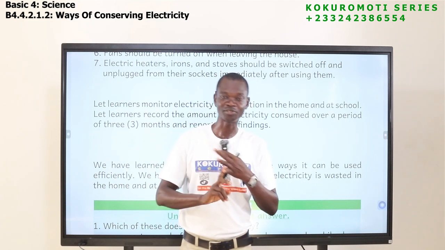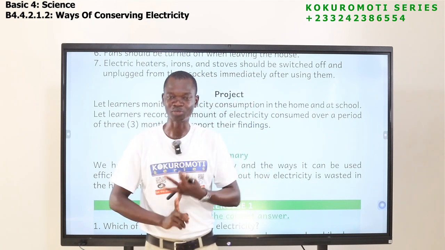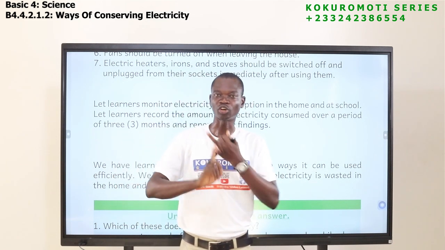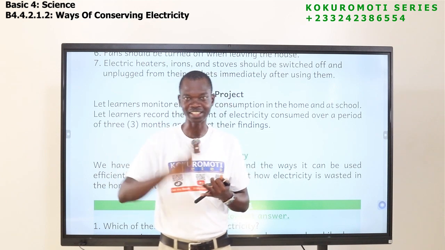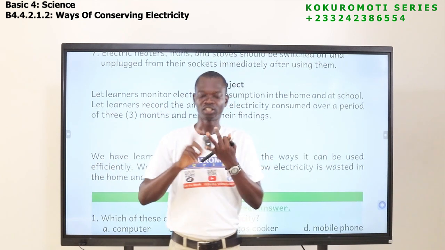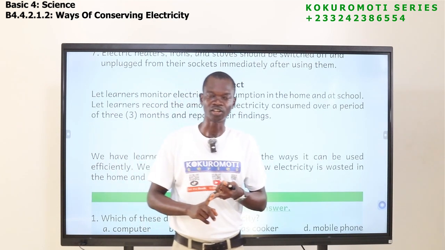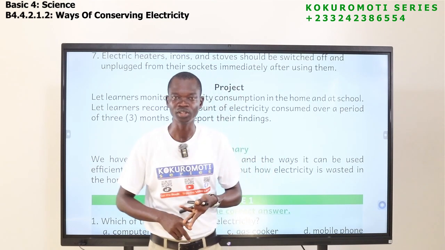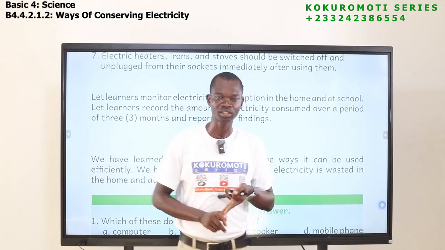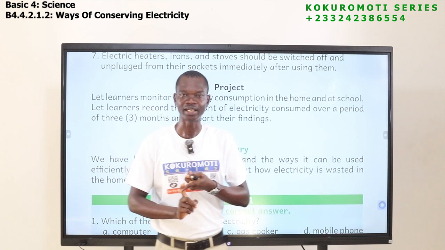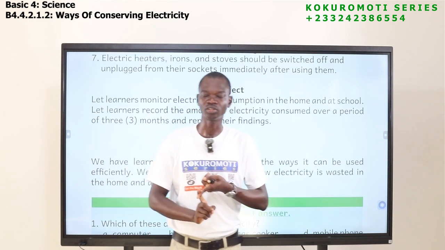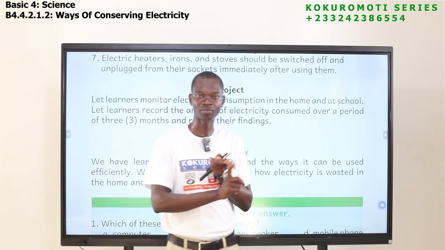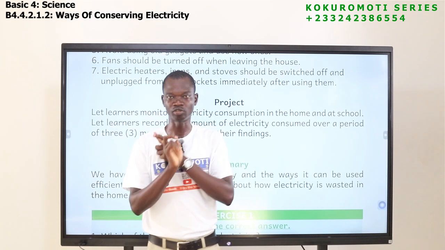We have learned that if you are leaving the classroom, or if you are leaving your living room or the house, the bulbs during daytime, turn them off. Your TV, your radio, if you are going to sleep, if you are going to school, turn them off. The electric stove, you should turn it off when it is not in use, and then you unplug it.